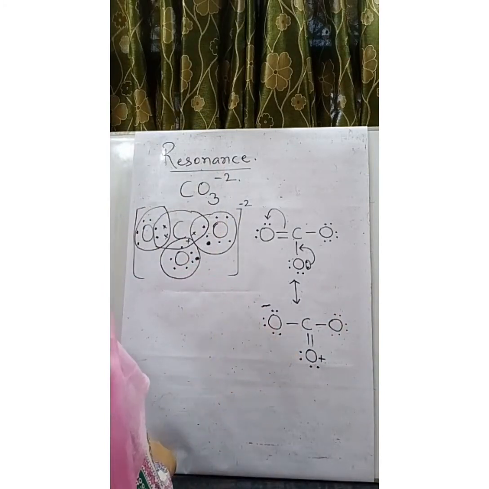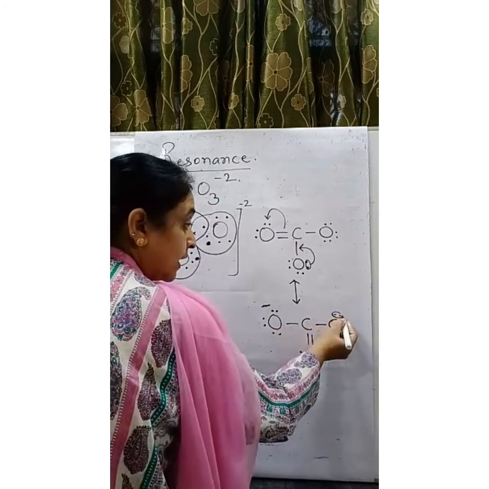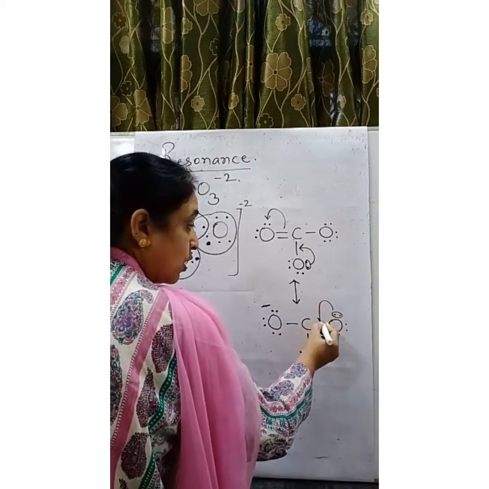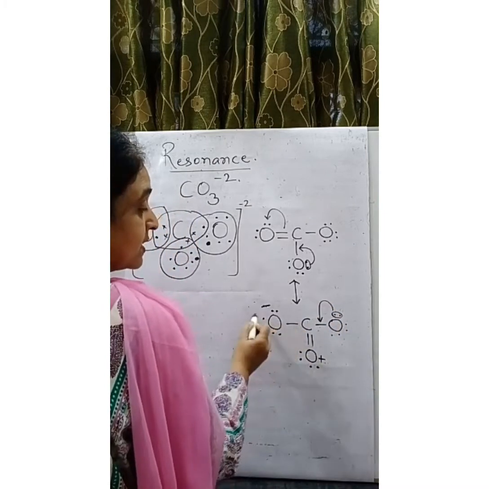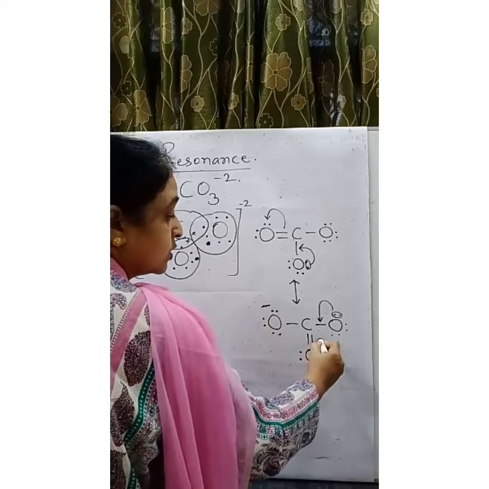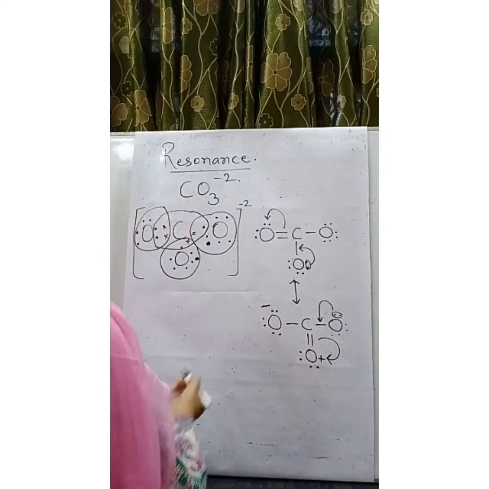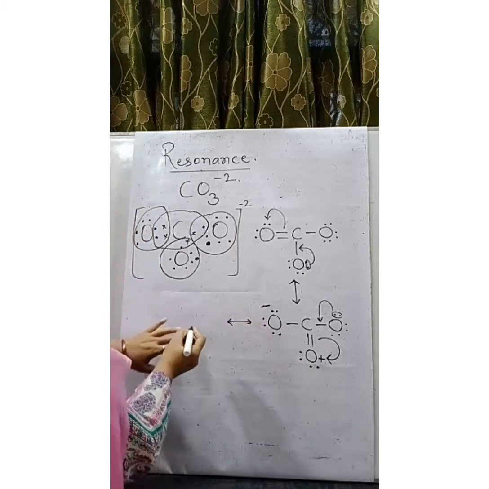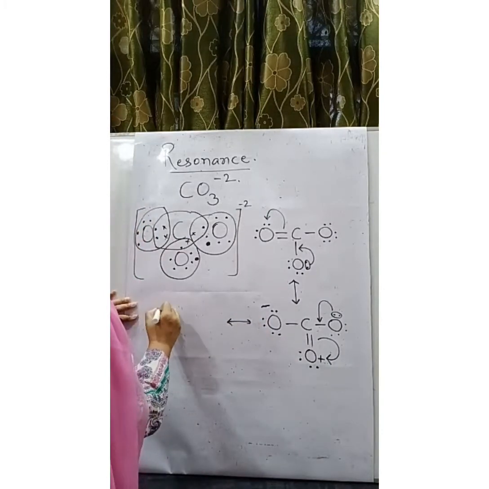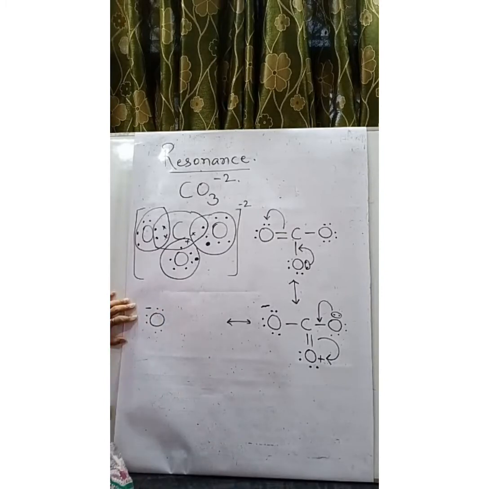Now again let us see the possibility. One of the electron pairs from here can go on to form a double bond. So this can't break, otherwise this oxygen will become free. So this is going to break and form a lone pair. So we can draw another resonating structure. O, already here 6 electrons, negative sign is there.